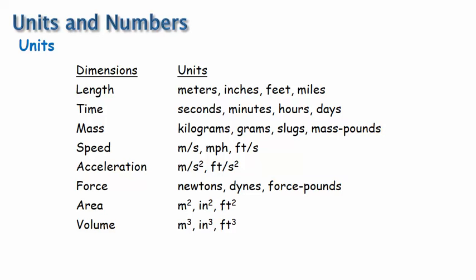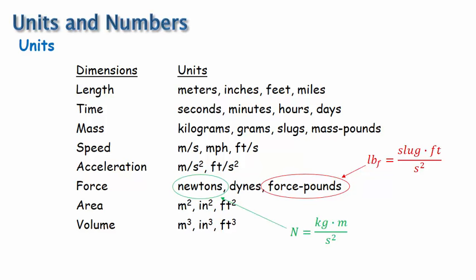Also notice that many units are combinations of other units. For example, a force pound is equivalent to a slug times a foot divided by a second squared, and a newton is equivalent to a kilogram times a meter divided by a second squared.